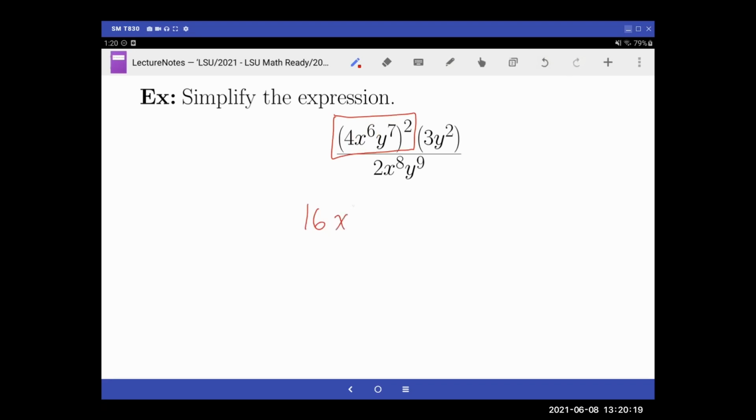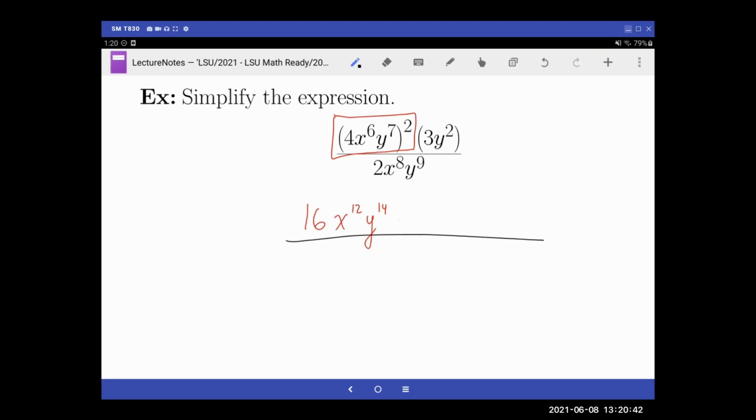Remember, you just multiply the exponents together if you have something raised to a higher power. Just multiply them. So 6 times 2 is 12. Same thing here. That's going to be y to the 14th. Okay, so that's going to be that right there.